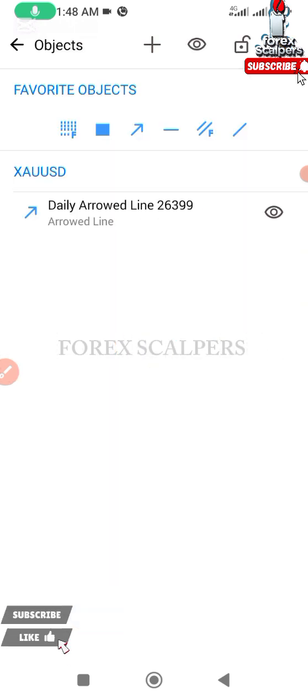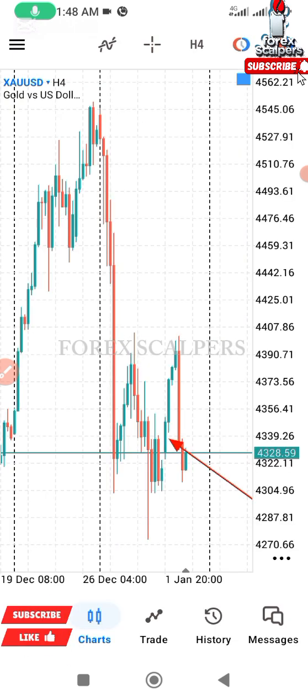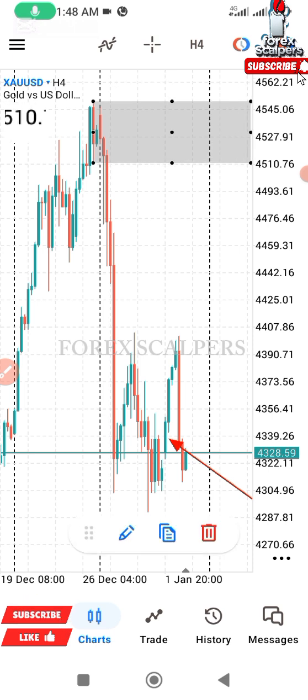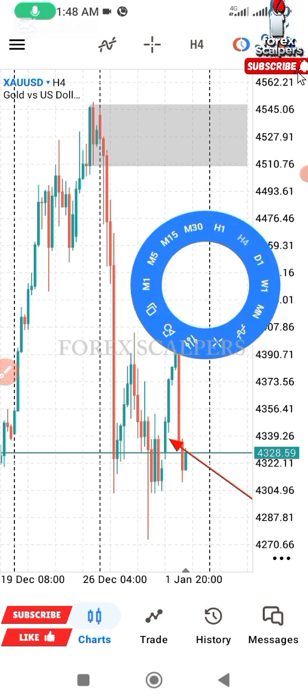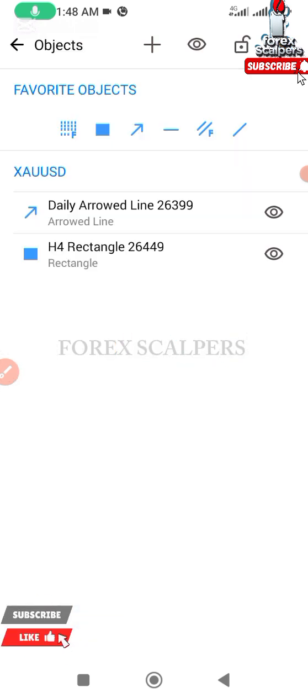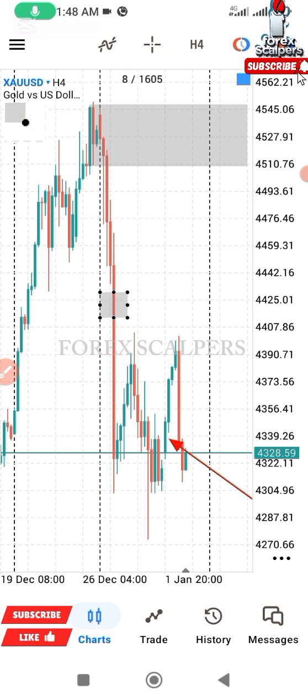One of my key zones is going to be my order block. So here is my bearish order block, which is going to be one of my key zones. Aside from this, I still have an imbalance that price is yet to fill.